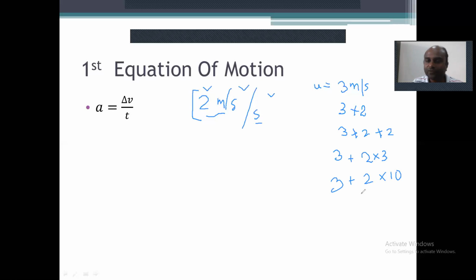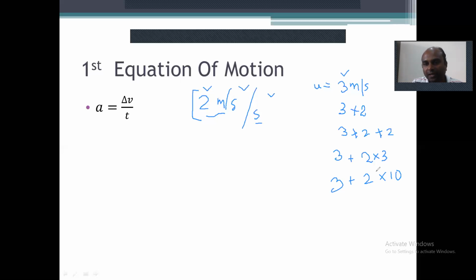Alright. So that is what acceleration actually means. If we know the initial velocity, we can find the velocity at some point of time later.